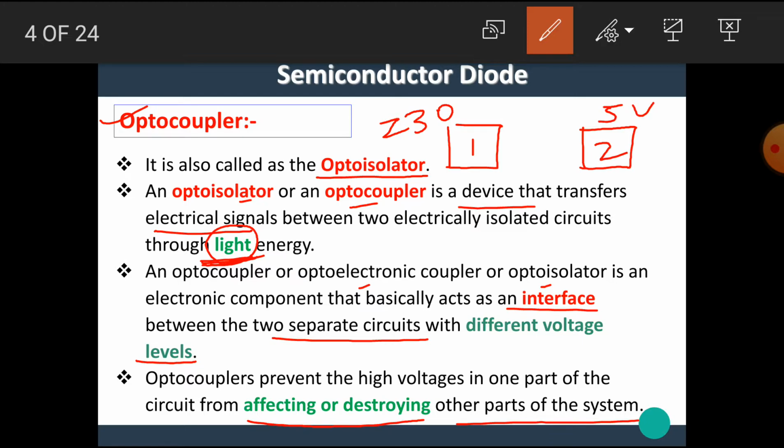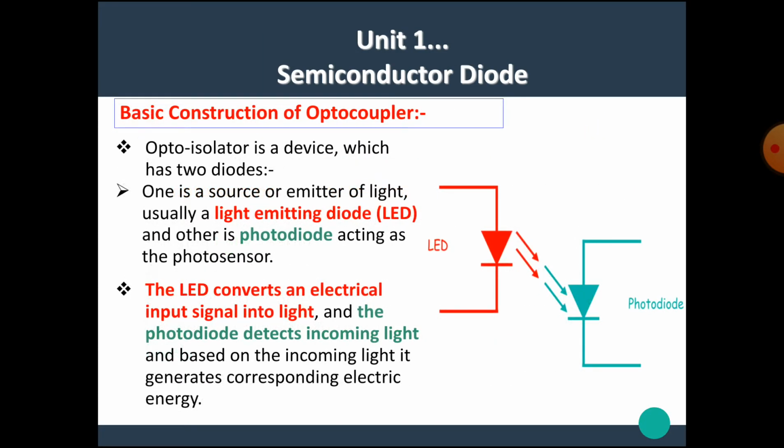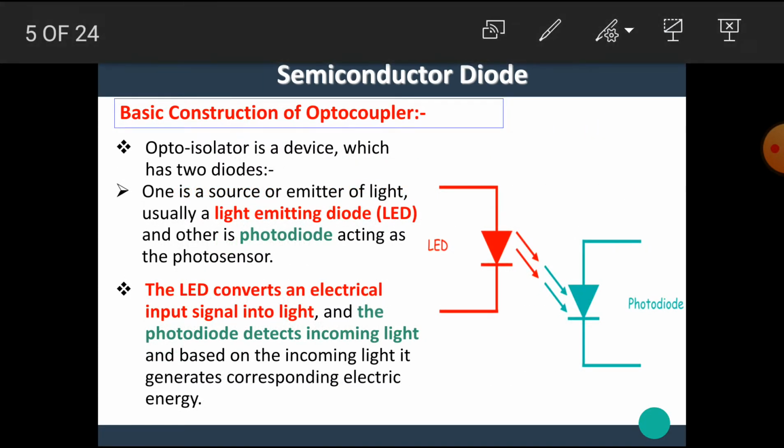If we connect these two systems through a wire medium, then it may be possible that electronic system second may get damaged due to the high voltage in the system first. Hence, in this type of condition, an optocoupler is used because the optocoupler generates the link between system first and system second through light energy. I hope you all understand the basic optocoupler.